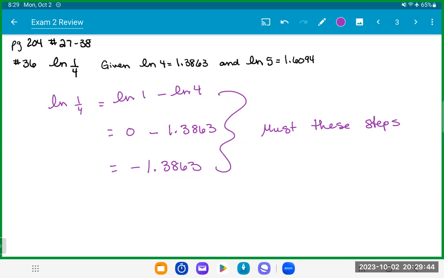Remember, in class we did ln of 21, and that was 3 times 7, and we were given what ln of 3 and ln of 7 were, or something to that effect, right? That's really what you're being tested on here, not the ability to plug it in your calculator. Okay, questions?